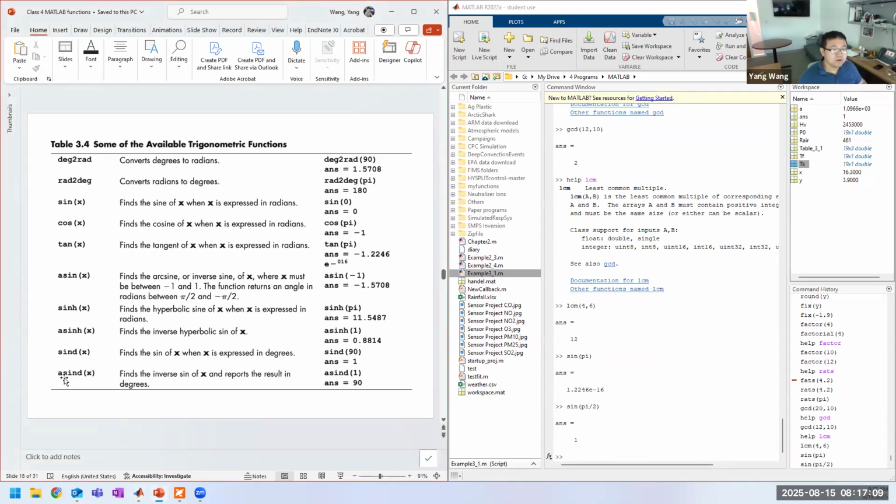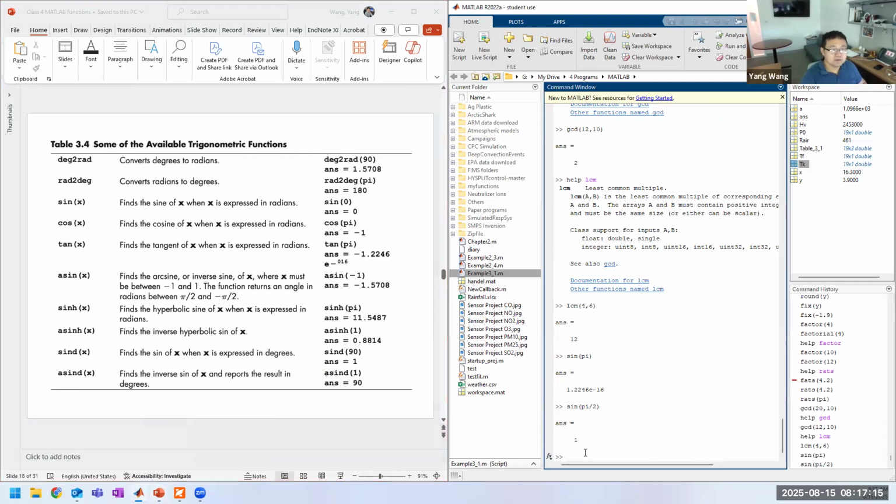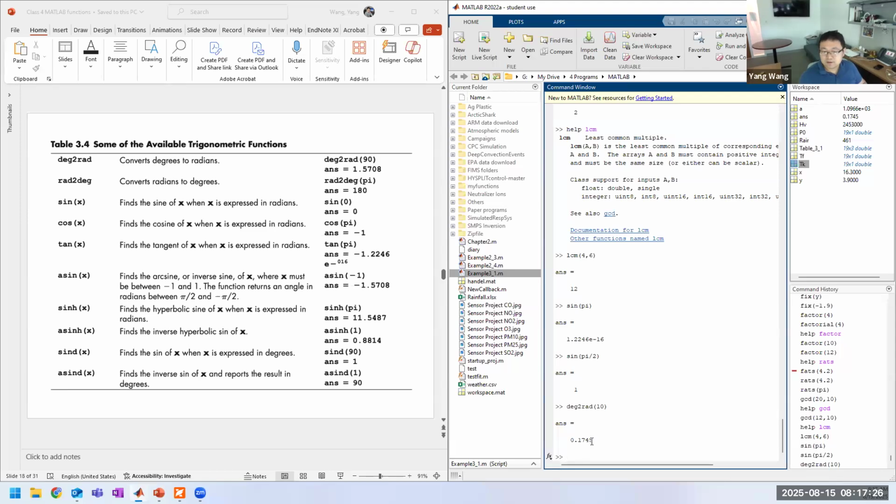Okay, so this is a list of the trigonometric functions that you can try. This is degree to rad. It converts degrees to radians. So for example, if you have 10 degree, you can just do degree to rad, then type in 10. It's going to give you the form of pi, right?